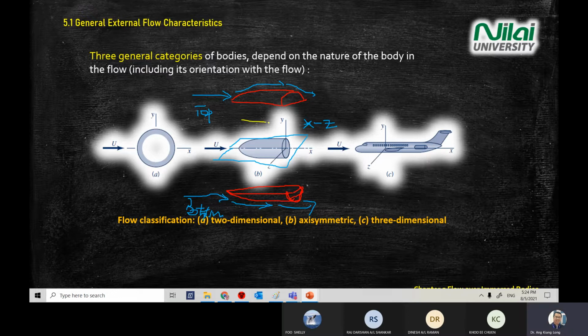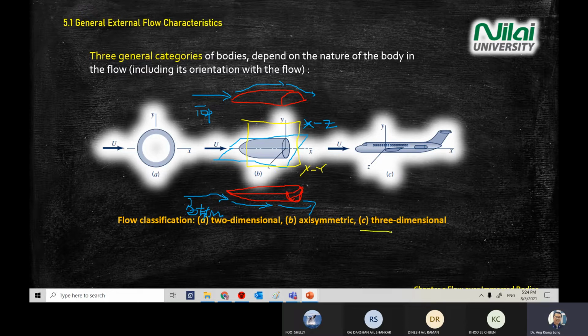Let's say you cut the plane in XY plane. So this is XY plane. So when you cut XY plane for asymmetric, you'll get left and right body. Okay, so I'm not going to draw, but it will be the same scenario as the top and bottom, but this time it's on the left and right.